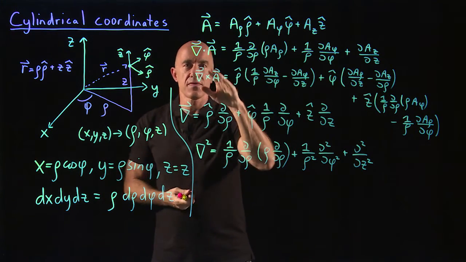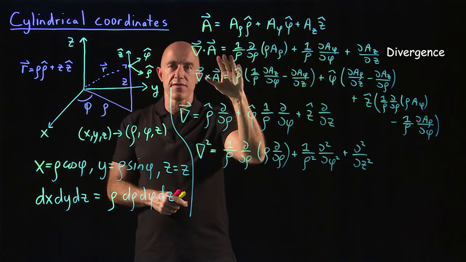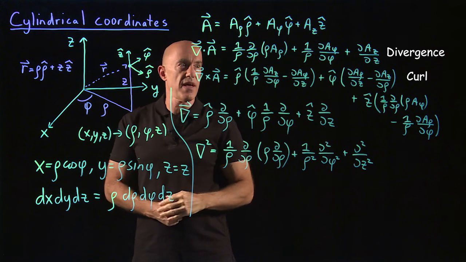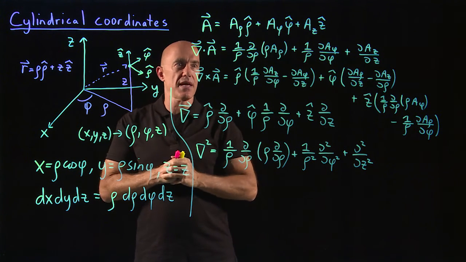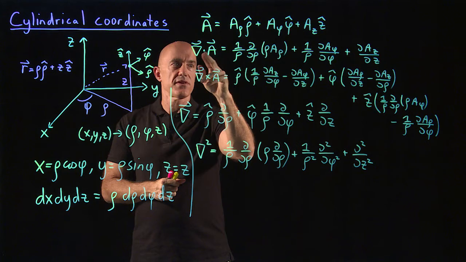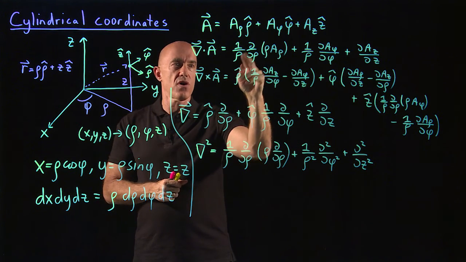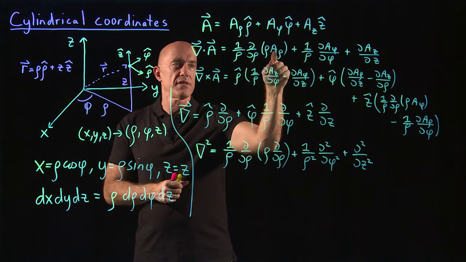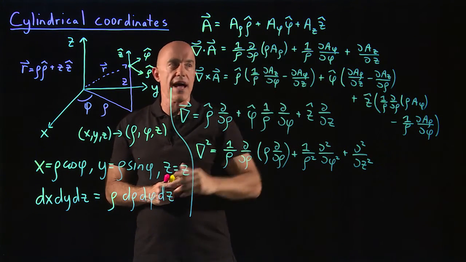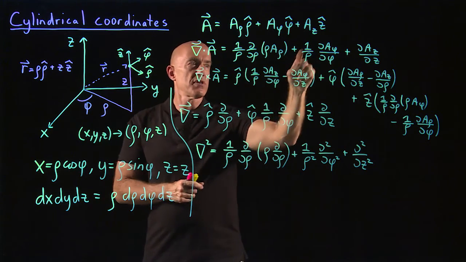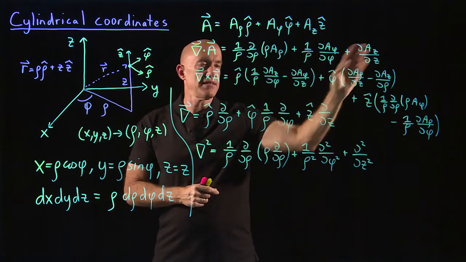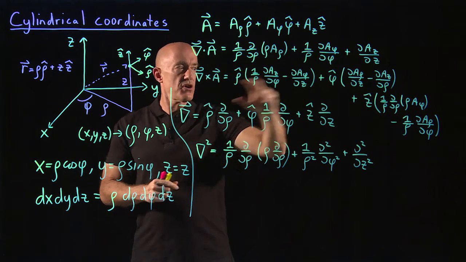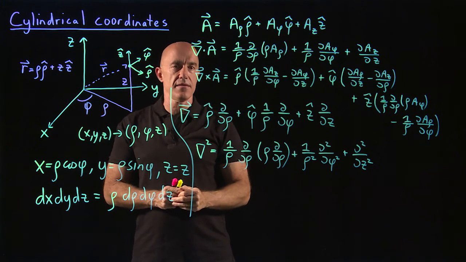Okay, so this is the divergence of A, and this is the curl of A. You see how the expressions are quickly becoming complicated. So the divergence of A is 1 over rho d/d rho of rho times the component of A along the rho hat direction, A rho, plus 1 over rho dA phi d phi, plus dAz dz. Okay. The curl is more complicated.